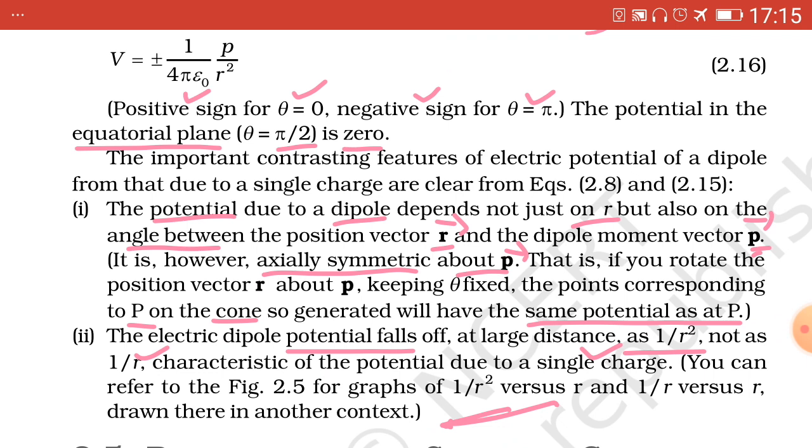Now the last point, an important conclusion from all the discussions.